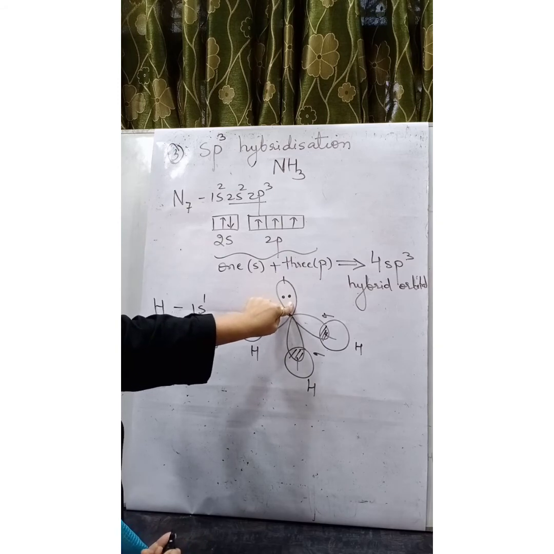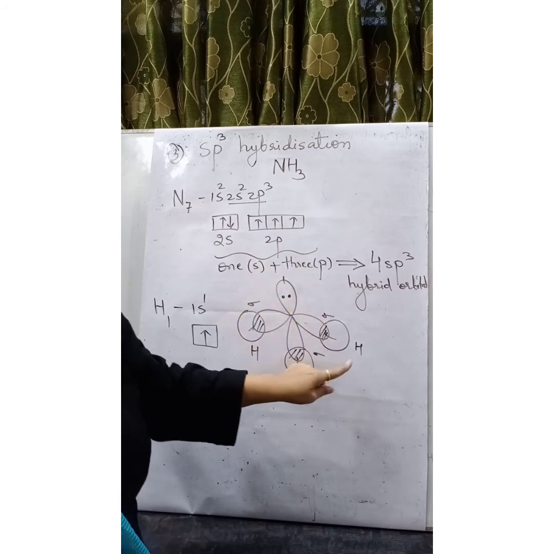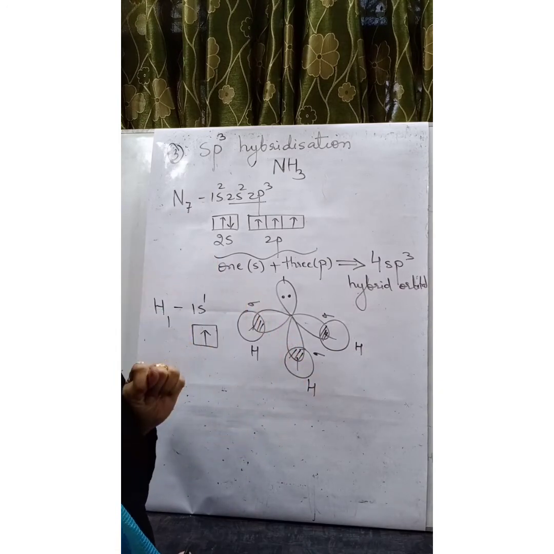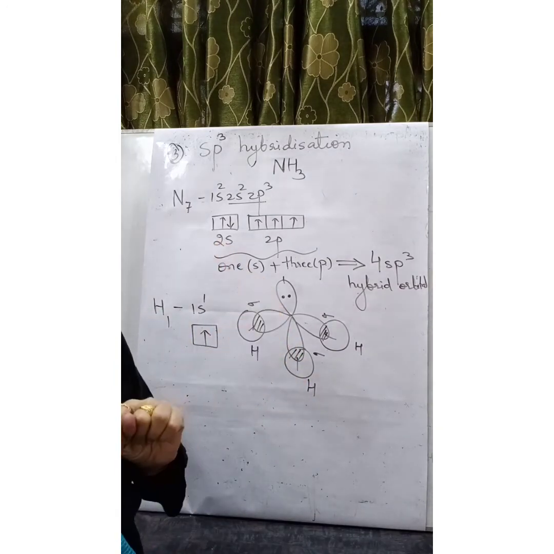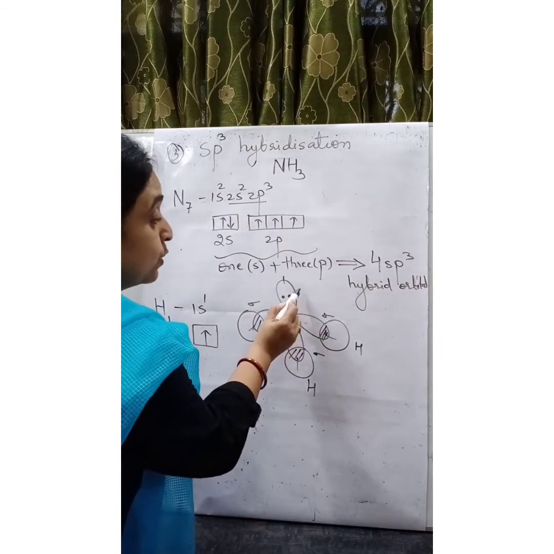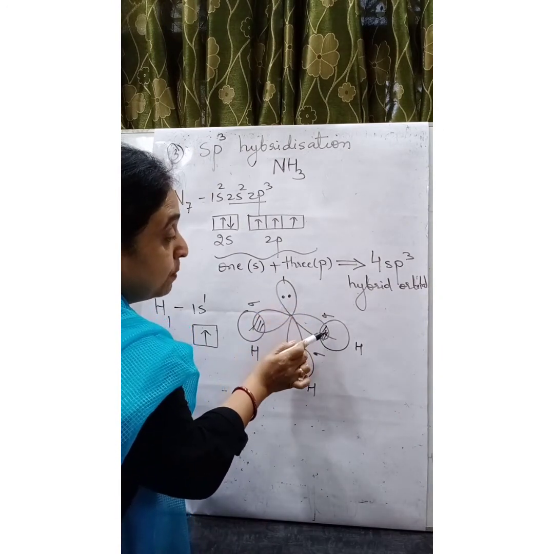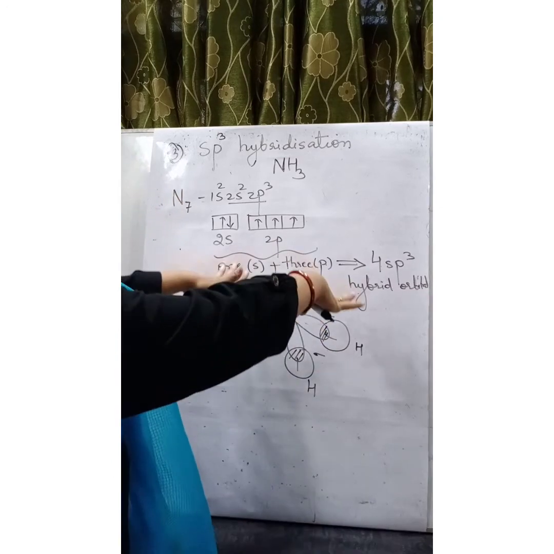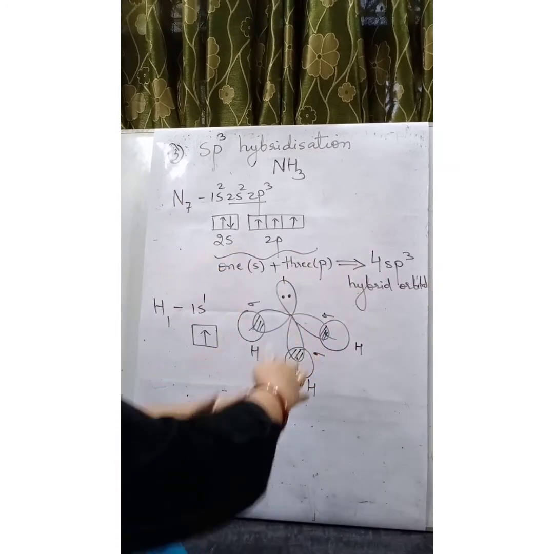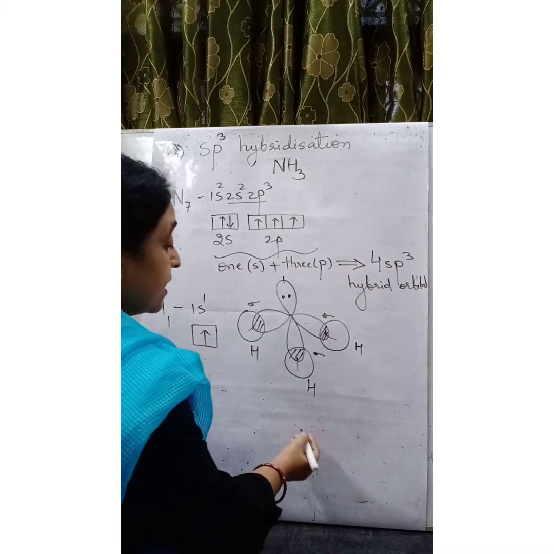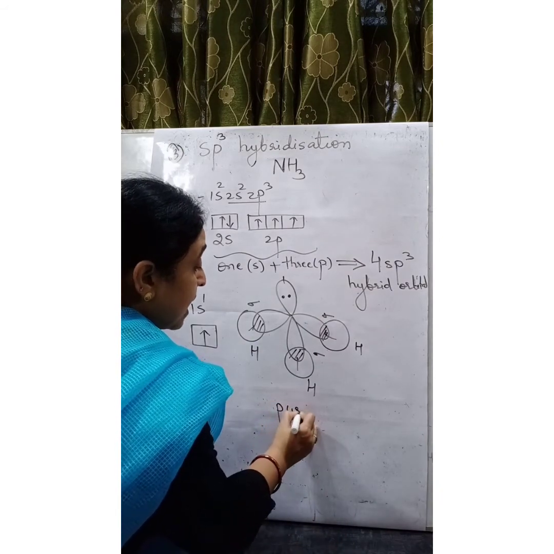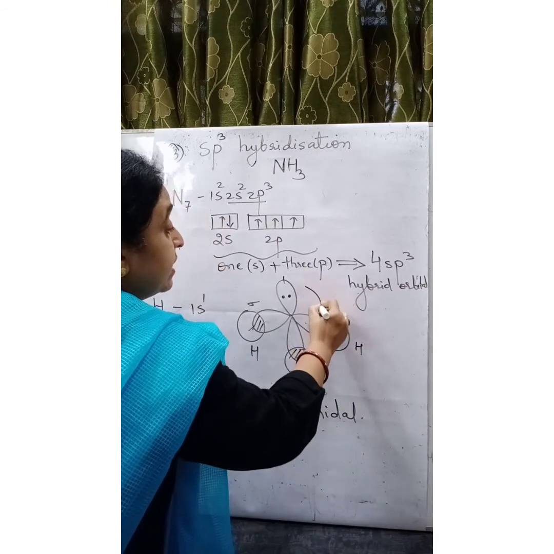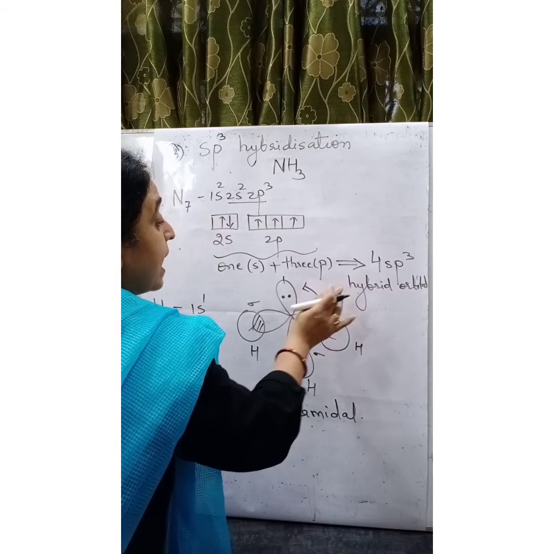Now we have already studied that lone pair-lone pair repulsion is greater than lone pair-bonded pair repulsion, which is greater than bonded pair-bonded pair repulsion. So due to repulsion between lone pair and bonded pair, all these bonds are pushed closer, resulting in a pyramidal geometry with a reduced bond angle.